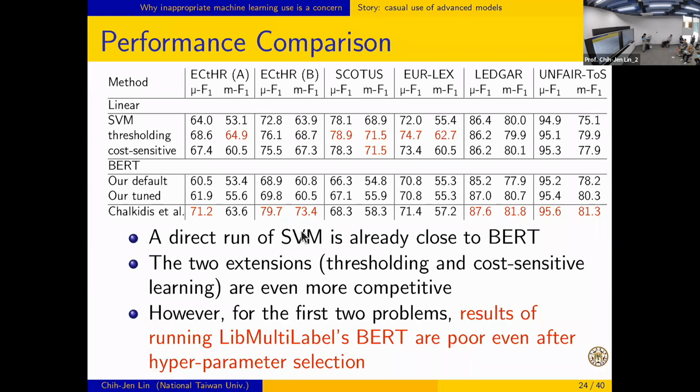Now let's check results in detail. We already know that the direct run of SVM results are already close to BERT, especially for the last 4 data sets. I have mentioned that. But the 2 extensions of linear methods, thresholding and cost-sensitive learning, make this linear method even more competitive.